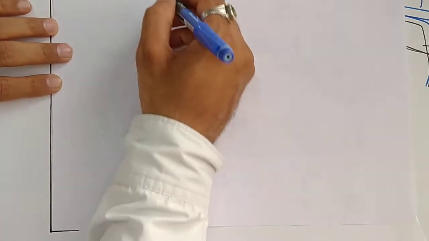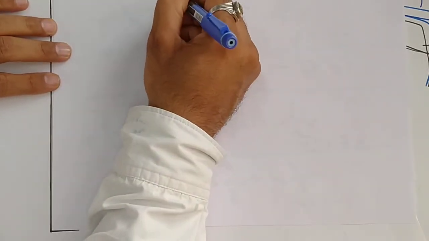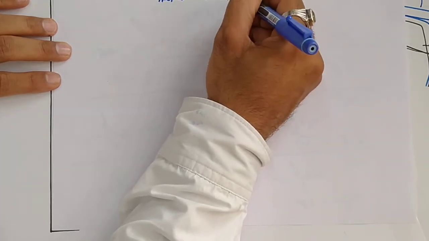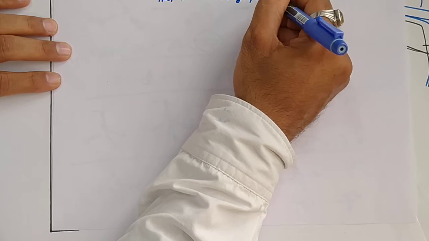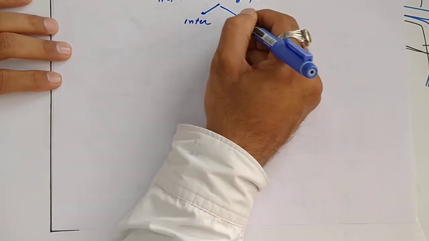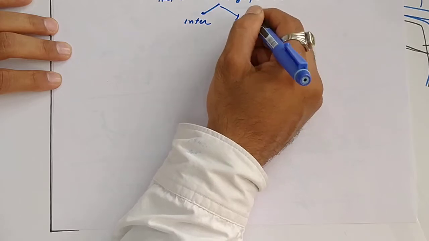Now what about hydrogen bond? Yes, our main point is hydrogen bond. There are two types of hydrogen bonds: inter and intra.